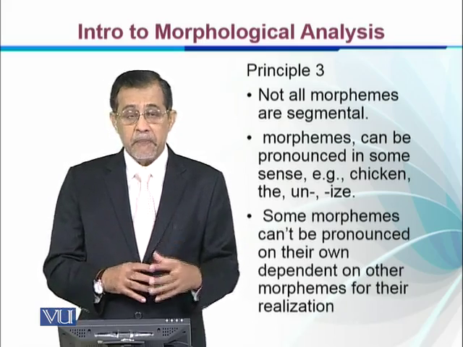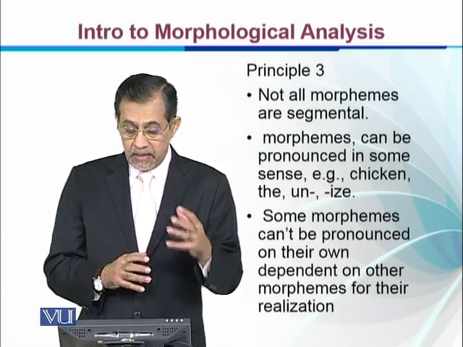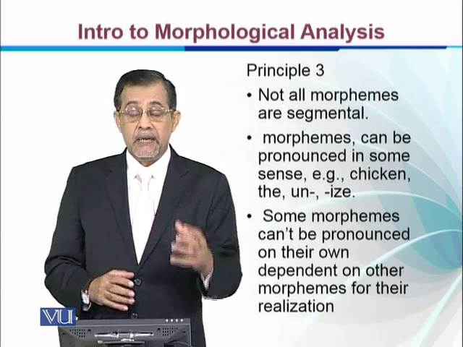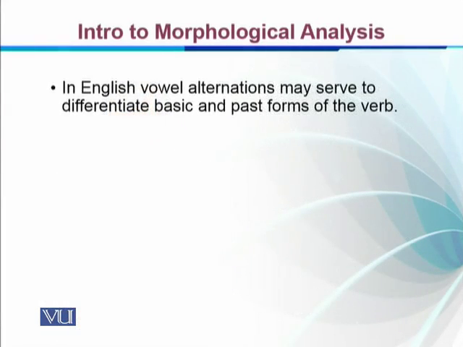But some morphemes can't be pronounced on their own, they are dependent on the other morphemes for their realization. For example, in English, as we said, the alternation of vowels within a segment especially differentiates between basic and past forms of the verb.